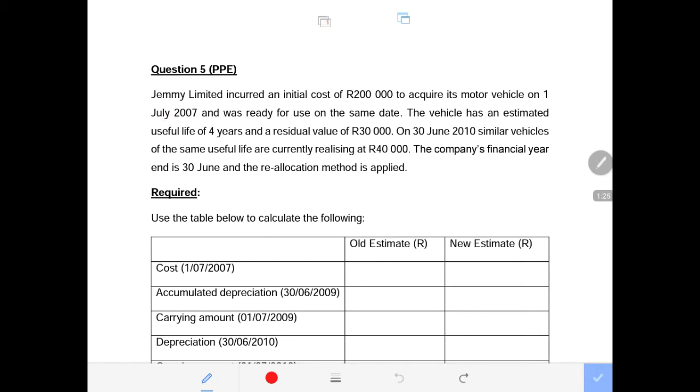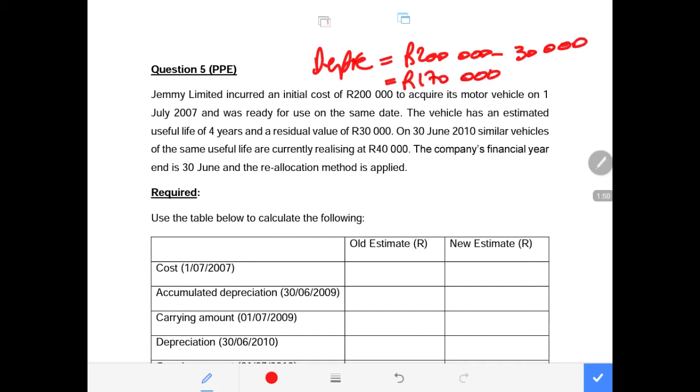The vehicle has an estimated useful life of 4 years. Take note of that. And a residual value of 30,000 rands. So when we're calculating the depreciation for this asset, we know that it will be the cost of 200,000 rands minus the amount of 30,000 rands, which is the residual value, and this will give us 170,000 rands.